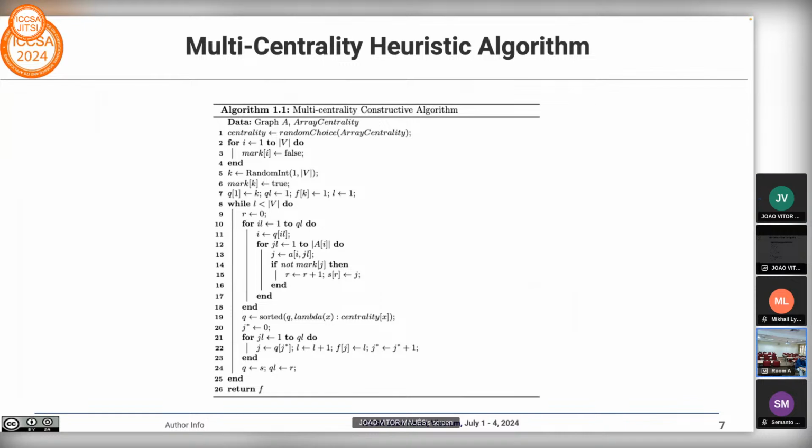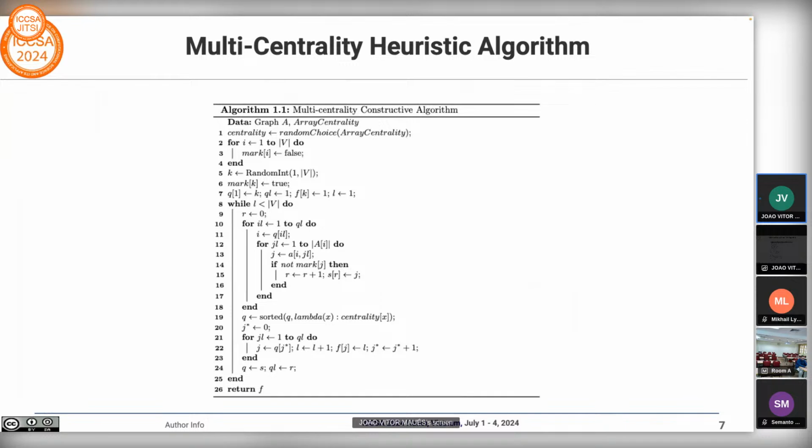The first row contains only vertex k, which was chosen randomly, as we can see in line 5. And label 1 is assigned to each vertex adjacent to k, which are in the second row, and their vertices are labeled in the order of centrality.